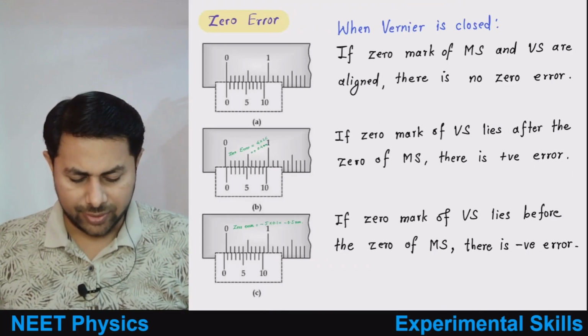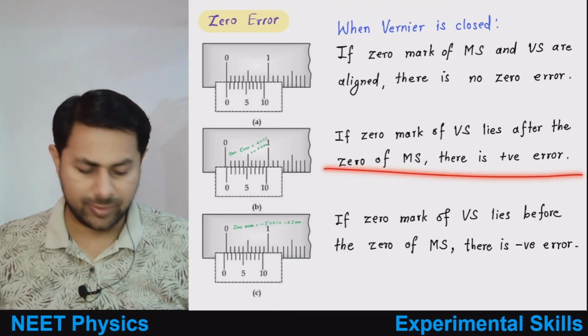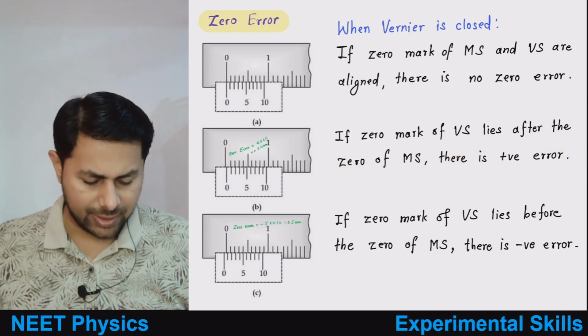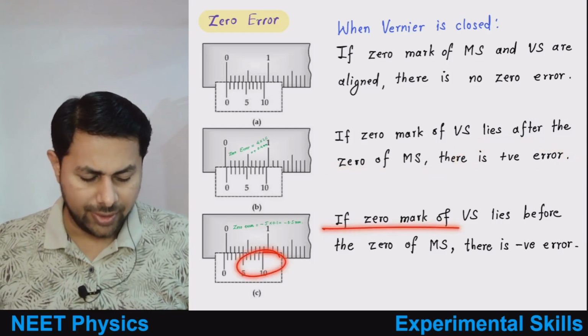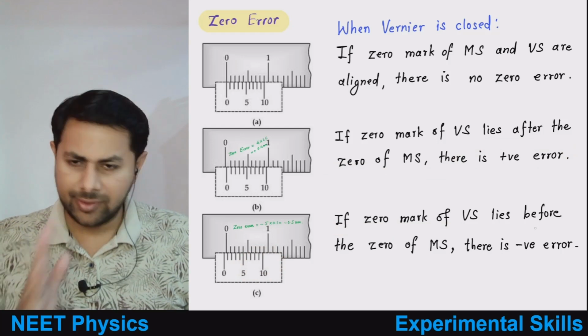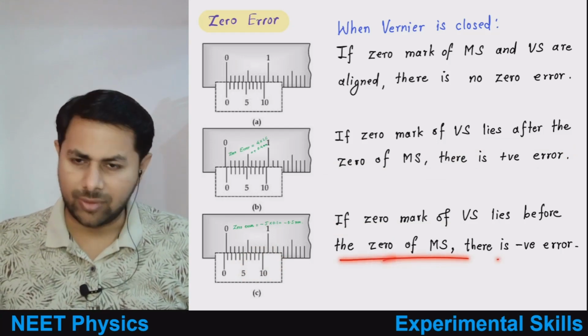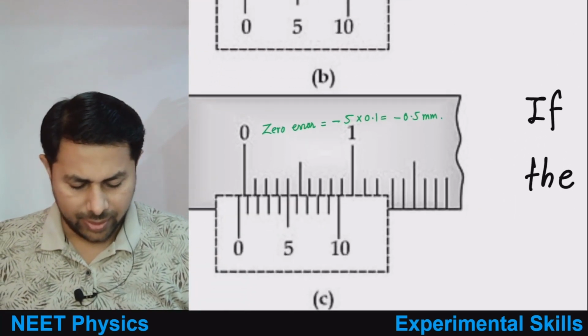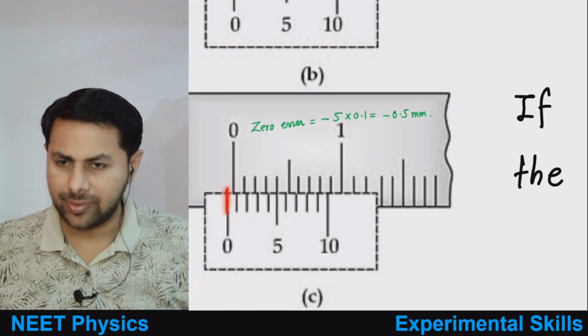So this is positive 0 error. Then let's see another example here. If the 0 mark of the Vernier scale lies before the 0 mark of the main scale, then there would be negative 0 error. So here there is negative 0 error, right?